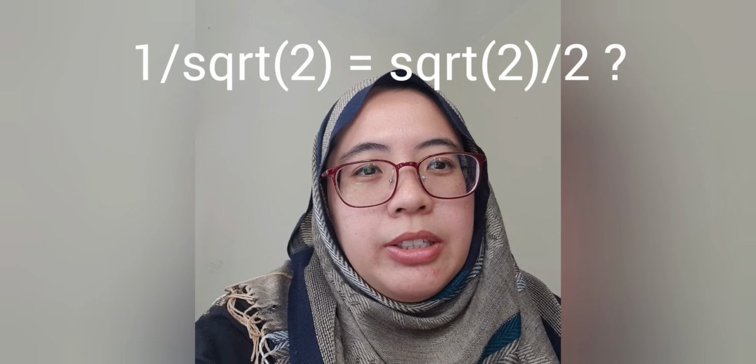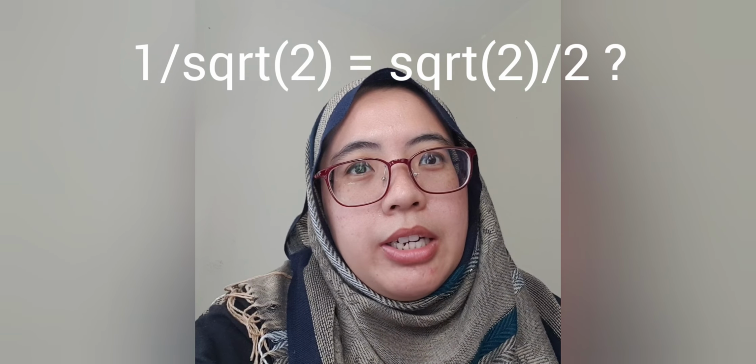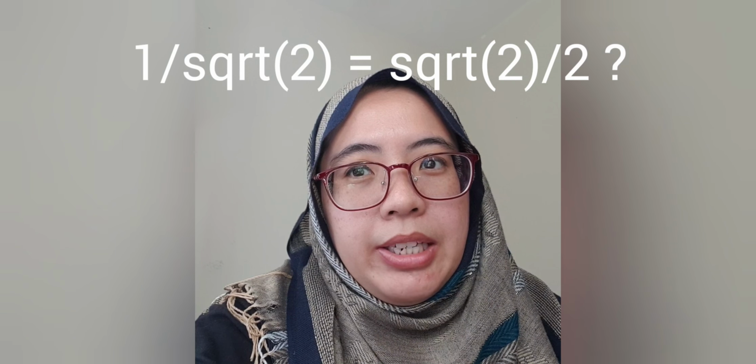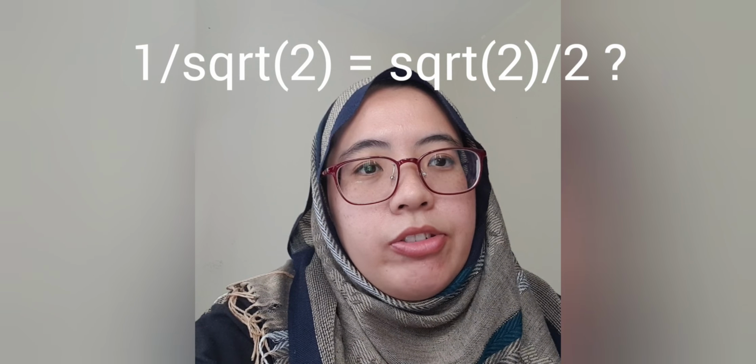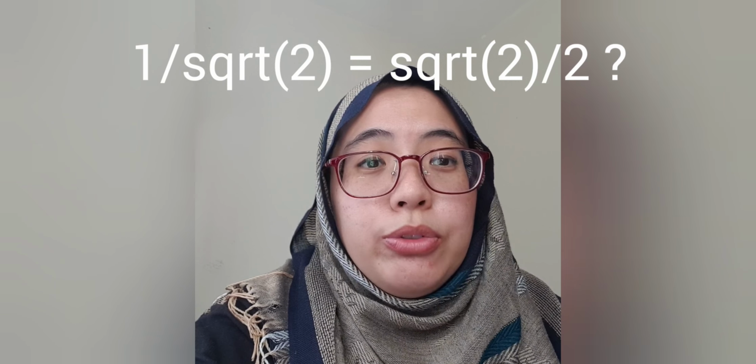Okay, wait. Before I say bye-bye to you all, this week I have one task for you to do. Okay, kalau you notice, in tutorial 1, soalan nombor 17B, if I'm not mistaken, you will get your answer as 1 over square root of 2. Okay, tapi nanti bila you tengok skema jawapan yang I bagi nanti, it gives you in the form of square root 2 over 2.